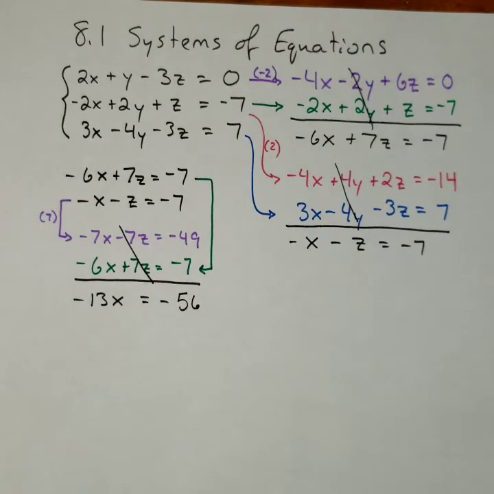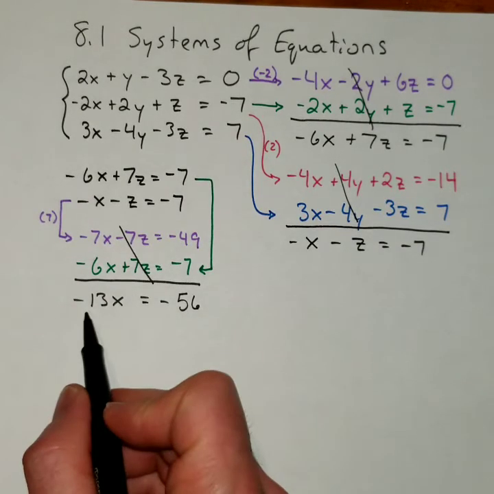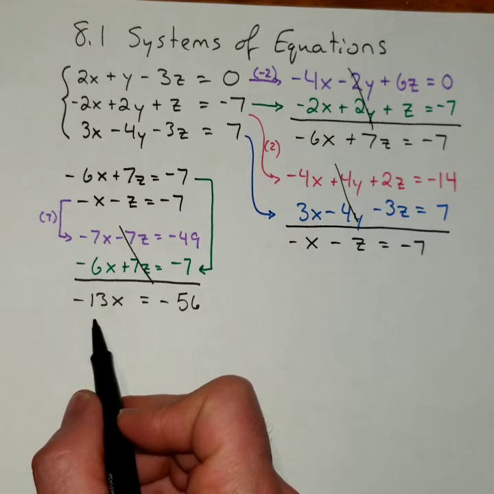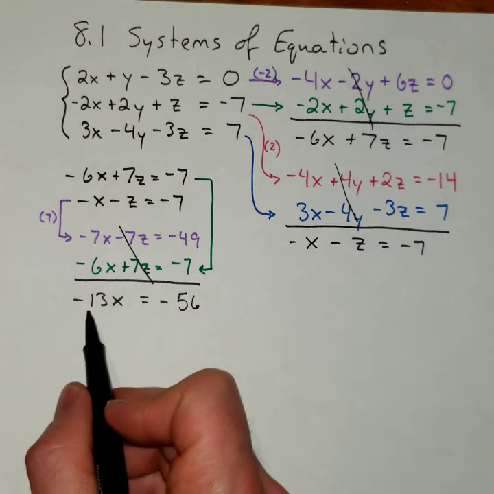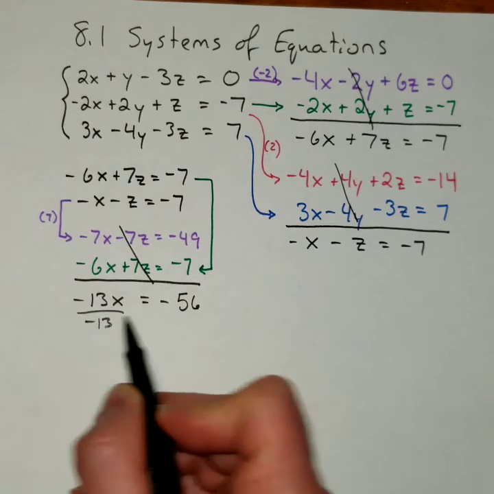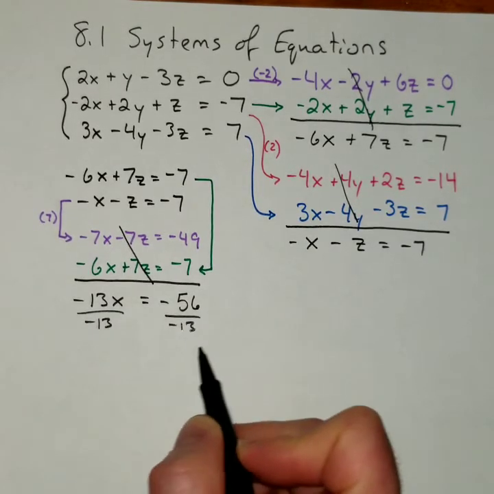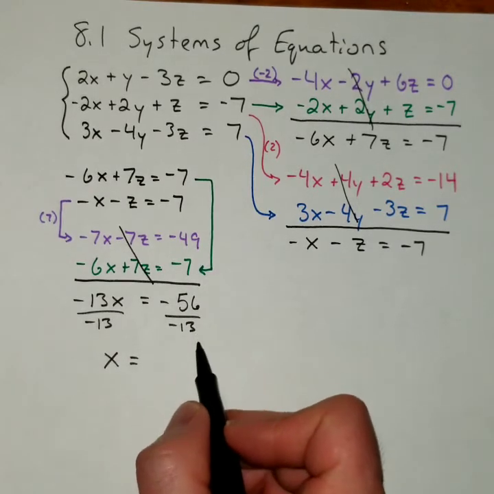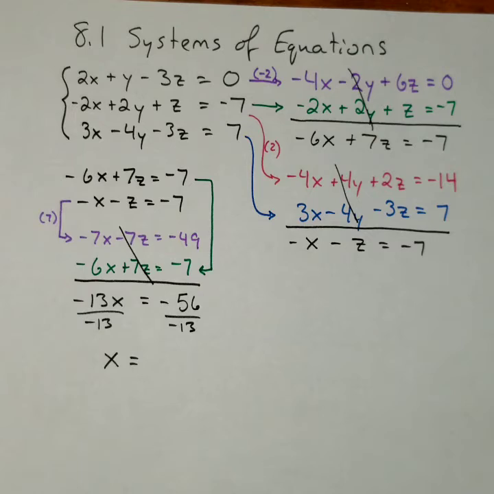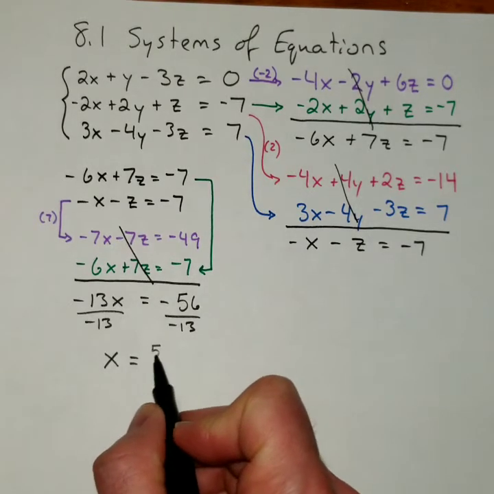Look about right? Yeah, looks about right. So then we're going to divide out by a negative 13. And x is going to equal 56 over 13. Now, 56 over 13 does not simplify. Yeah, it stays 56 over 13.